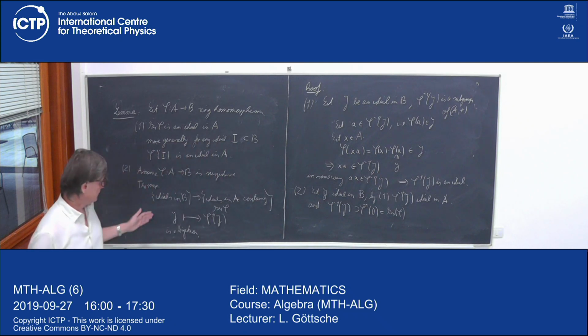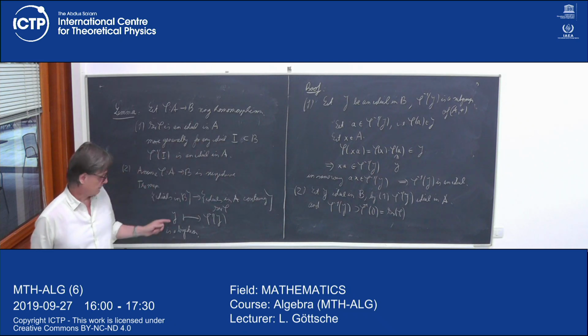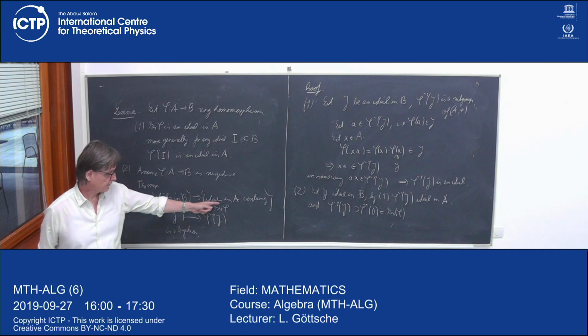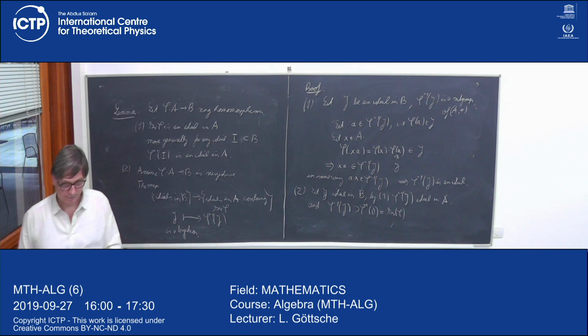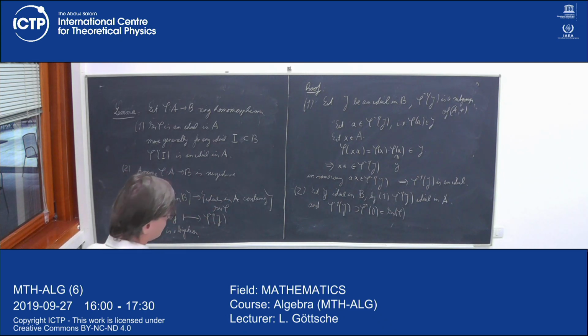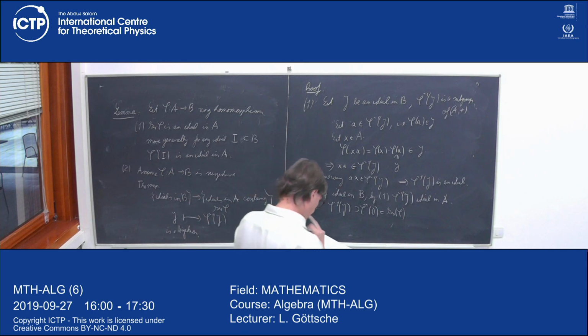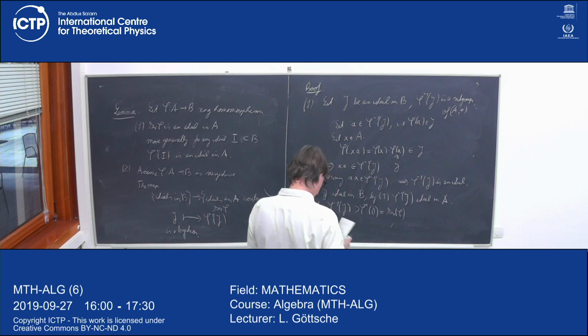So we see that this map is at least well defined. It sends any ideal in B to an ideal in A containing the kernel. I want to show it's a bijection. We want to give the inverse map.